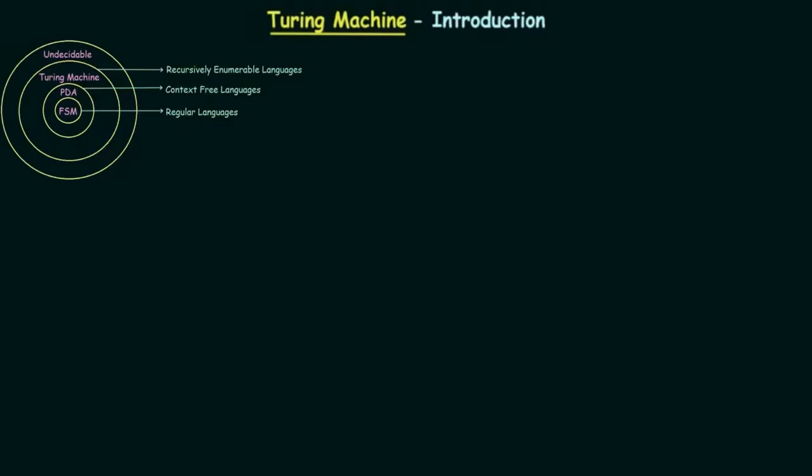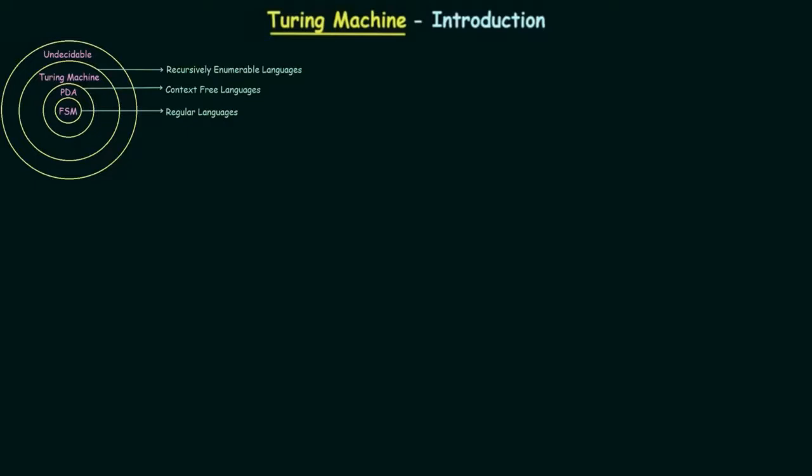Then we had the linear bounded automata and context sensitive grammar, and finally at the top end we have the Turing machine. Whatever a Turing machine accepts is called a recursively enumerable language. Why is it called like that? We'll see whenever we go into the deep discussion about the Turing machine and the accepted language.